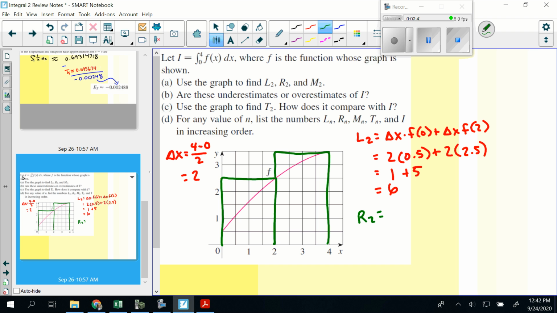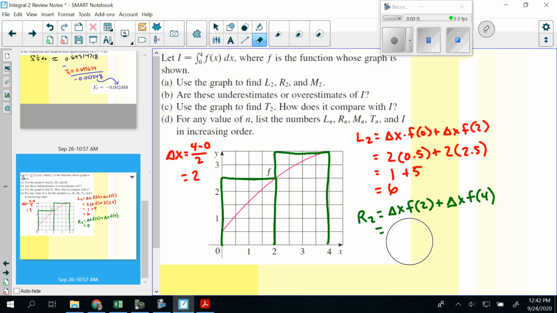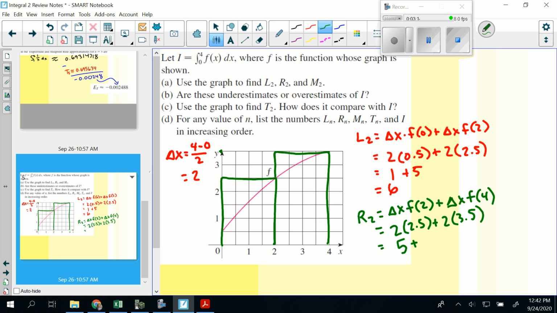Our change in x is still the same, it's going to be 2, but now our function heights, we're using 2 and we're using 4, and so we still have 2 here as this value. Our f of 2 from before is 2.5, and the height at 4, if we go across here, is right there. It looks like 3.5. So adding this together, now we got 5 plus 7, or 12. So that approximation comes out to be 12.